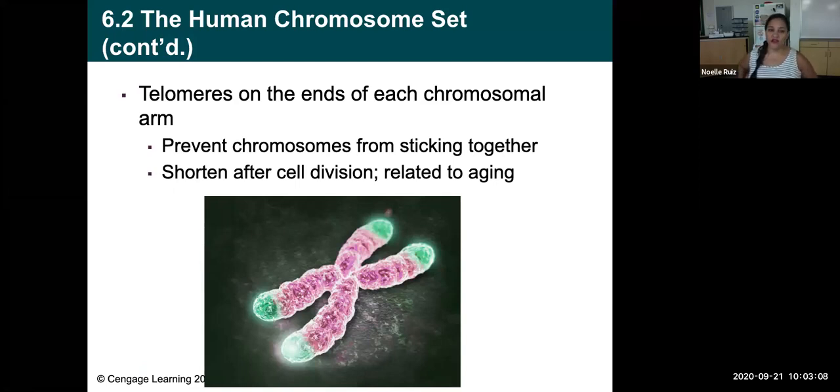They also shorten after cell division, and they're related to aging. A lot of companies right now are focusing on the telomeres of chromosomes and keeping those healthy because they think it's related to aging. They think they can make some anti-aging serums or potions or chemicals to help people not age so quickly.